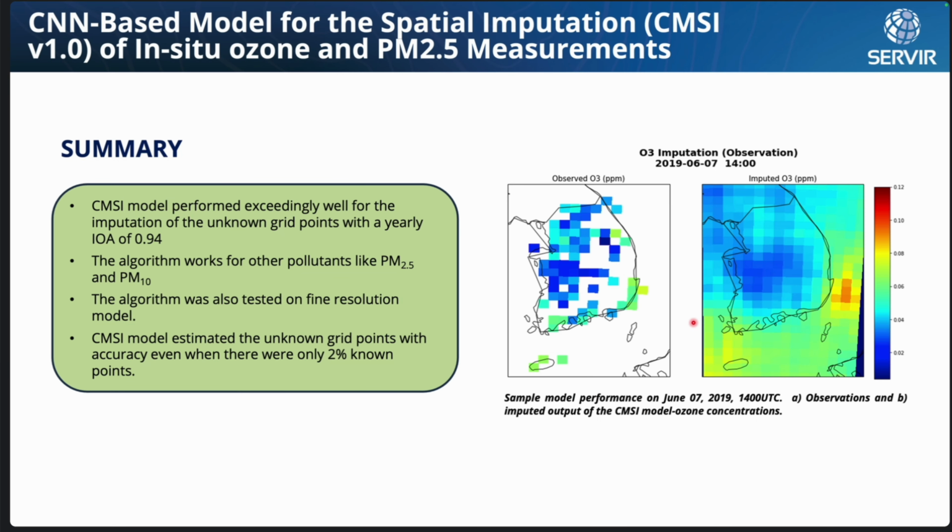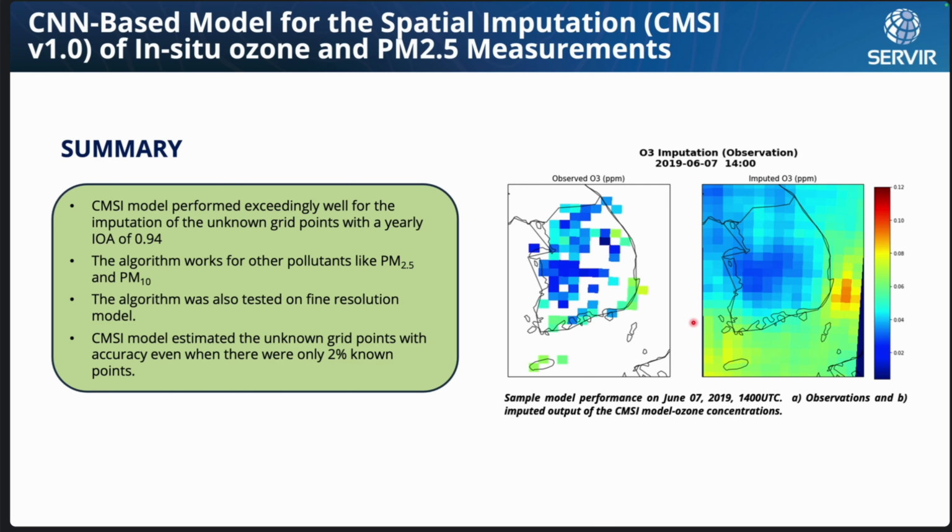So to summarize this research, the model developed in this research performed exceedingly well for imputation of unknown grid points with a yearly IOA of 0.94. We did a lot of evaluation, including 10-fold evaluation and independent evaluation, which can be found in the paper as well. We also tested it on other pollutants like PM2.5 and PM10, and we saw a similar kind of performance.